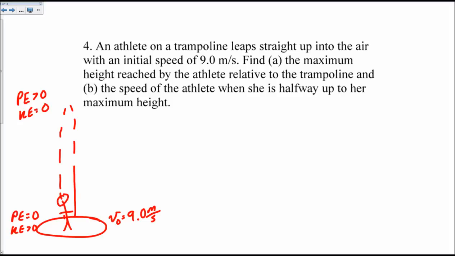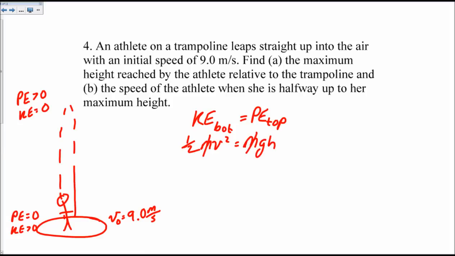I can take the kinetic energy at the bottom and set that equal to the potential energy at the top. The potential energy at the bottom is 0, and the kinetic energy at the top is 0, so those I don't include. All right, and then I just say 1/2 mv squared, that's v at the bottom, is equal to mgh.